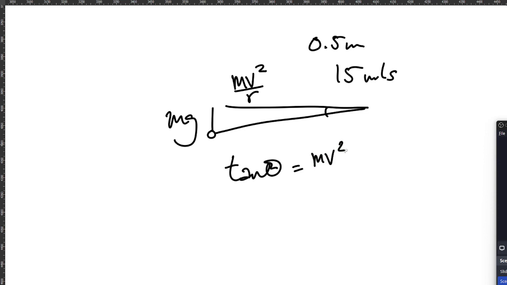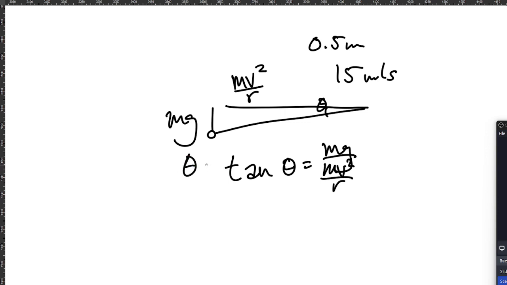So tangent theta is equal to opposite, mg, over adjacent, which is mv squared divided by r. And since we are using angle approximation, this is going to be approximately equal to theta.